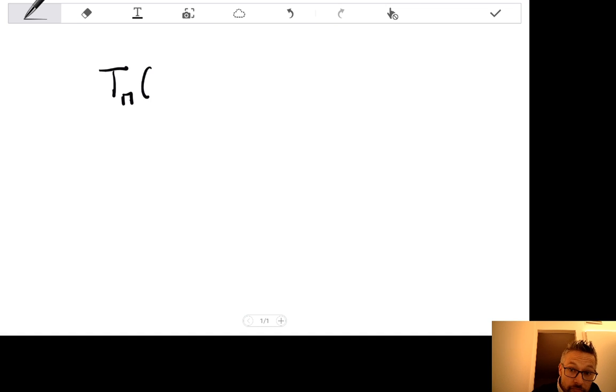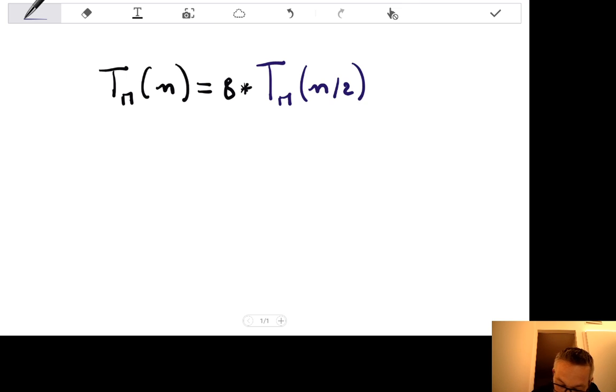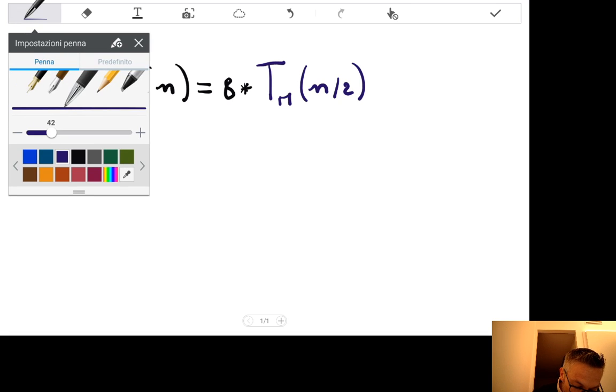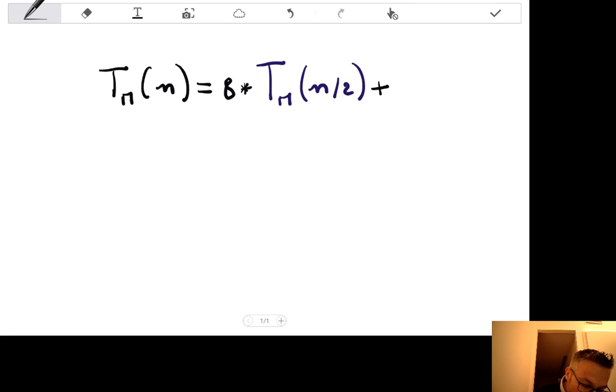T_M of n is equal to 8 times, and let me change color, and I will tell you why in a while, T_M of n divided by 2, and let me change color again, plus theta of n squared.